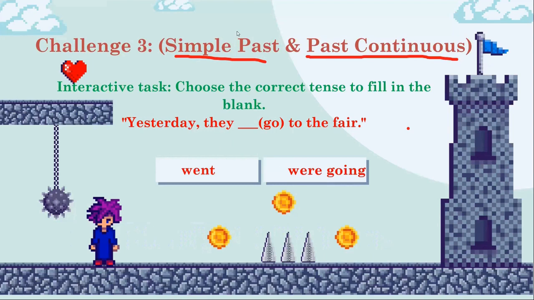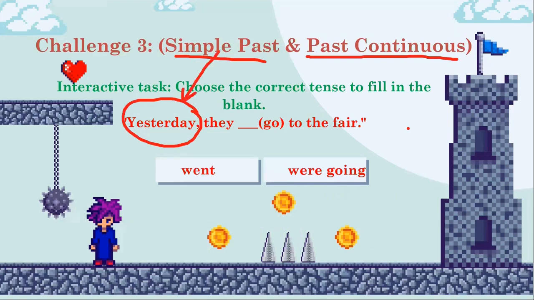Okay, so 5, 4, 3, 2, 1. Let's check your answer. Because we can see the given clue here, yesterday, it refers to the simple past.